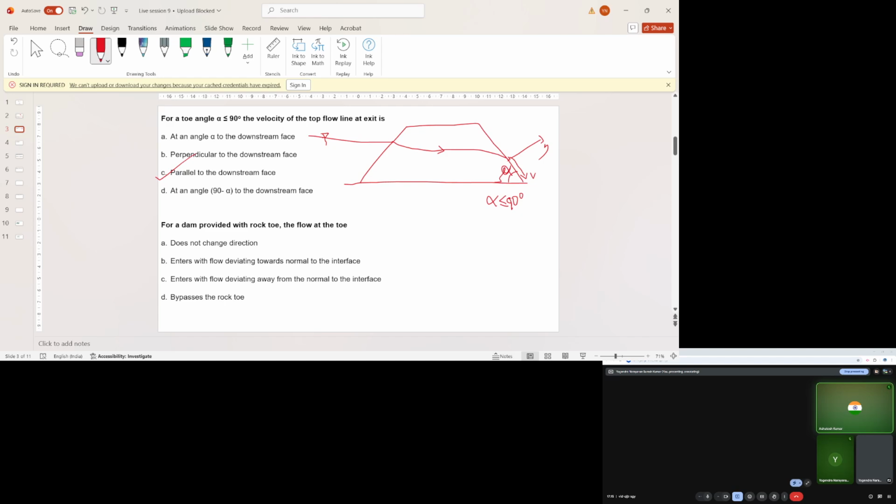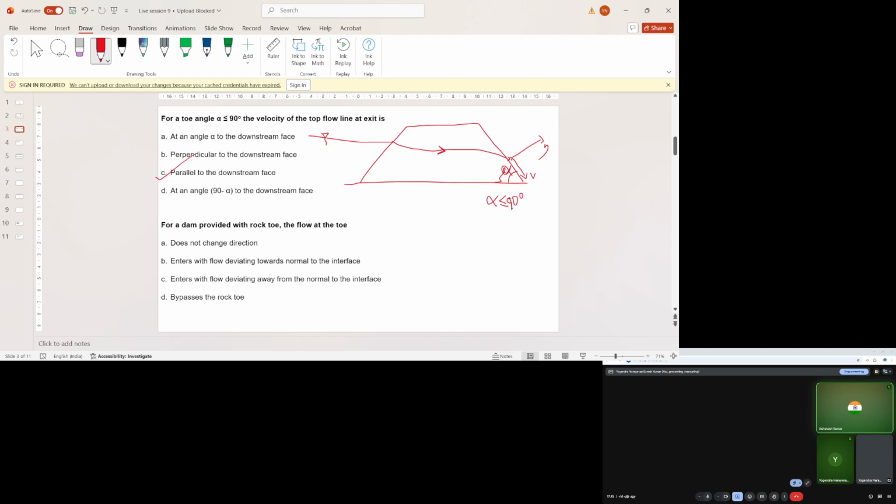See, this is the flow line, right? Which I have marked with arrow marks. Once it meets the outcrop point, the question is asking us to tell the velocity, that is, based on the given options, what will be the angle of the top flow line once it comes out, after it crosses the outcrop point.